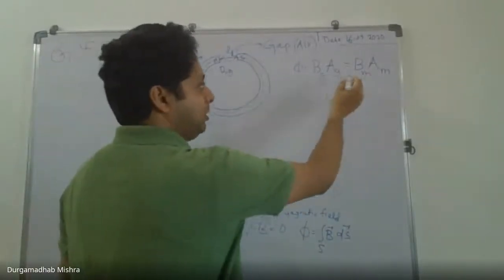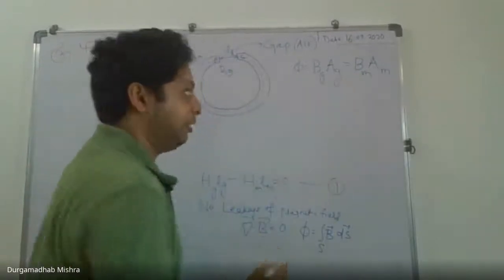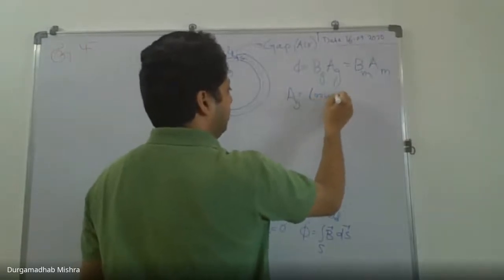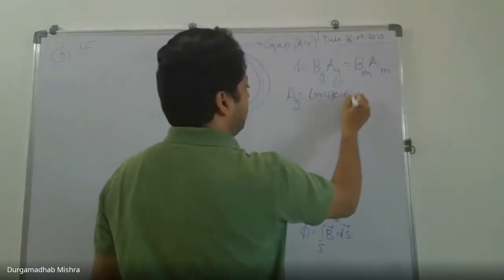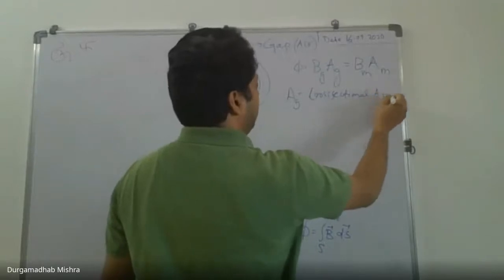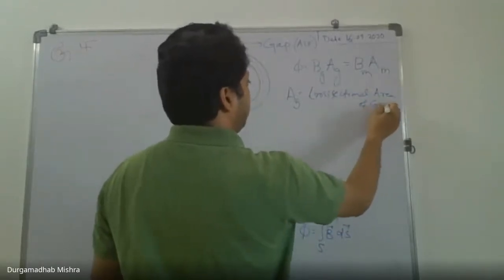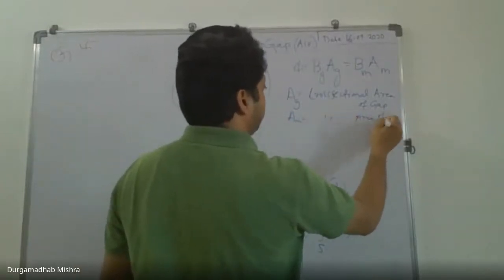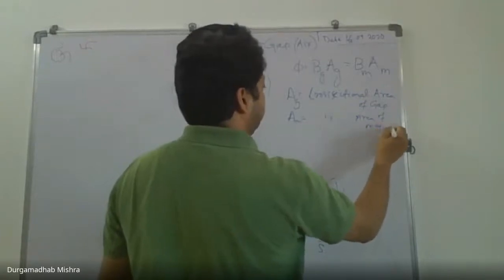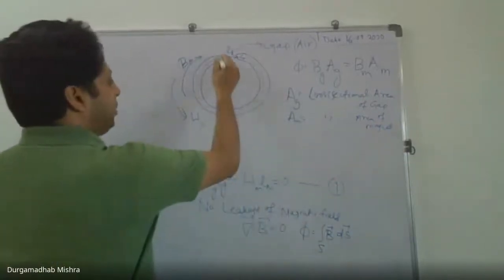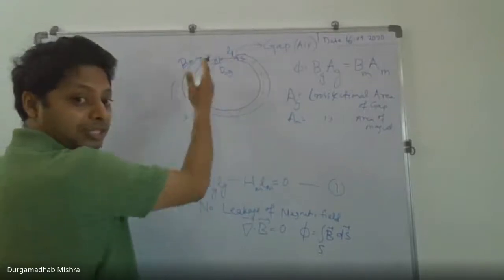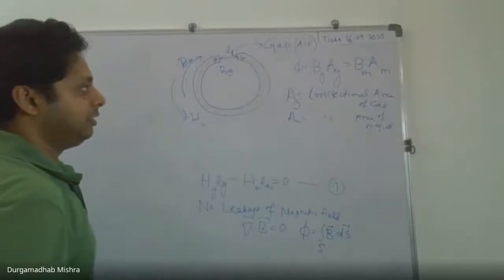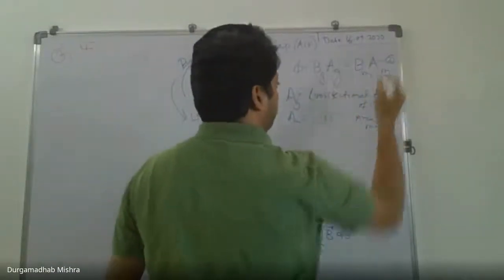So the flux has to be conserved, and this is how we can write it down. Ag is the cross-sectional area of the gap, and Am is the cross-sectional area of the magnet, a section like into the board. Let's call this our equation number 2.